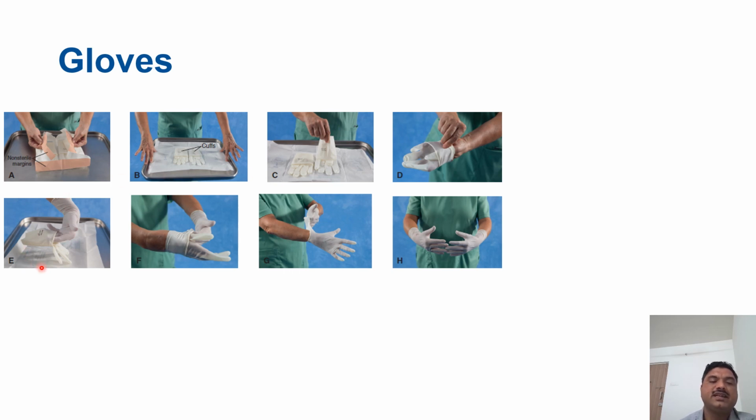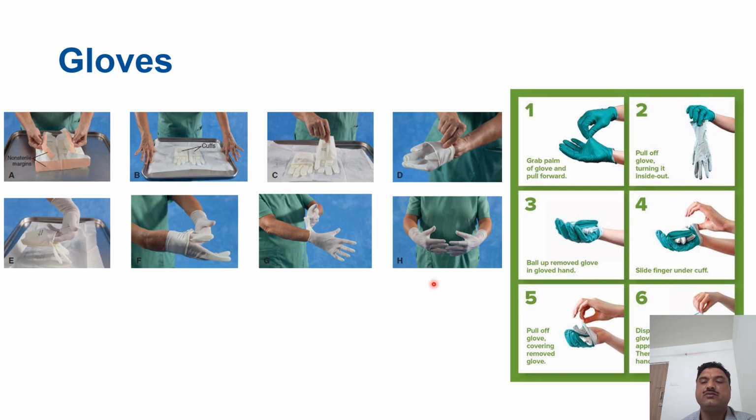While passing the second hand, one should avoid holding the glove from the cuff side, and it should be held from the inner side of the cuff, and the hand should be passed into the second glove. This way you can nicely wear the gloves without causing any surface touching of the gloves.